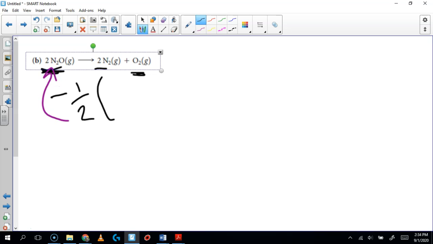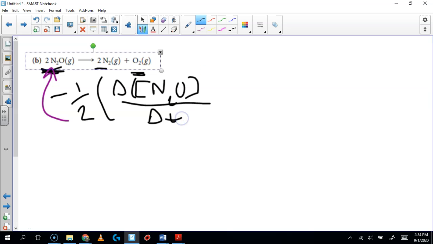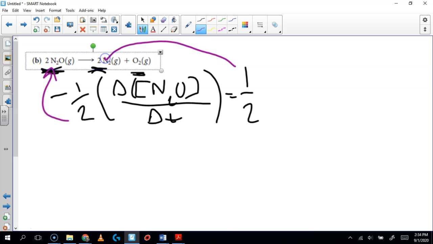And then it's negative 1/2 times the change in concentration, the square bracket of N2O, over the change in time, equals, and now the products, this is positive here. So it's positive, and it's again 1/2 because of that coefficient.